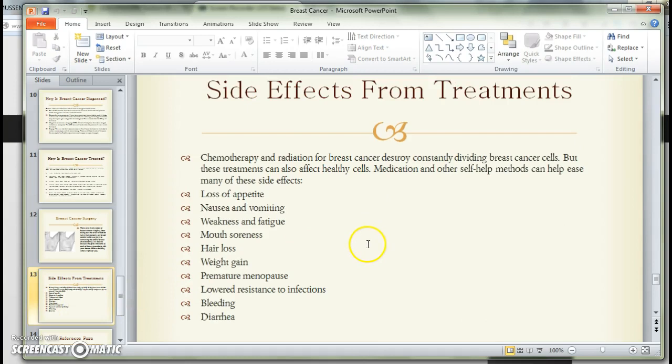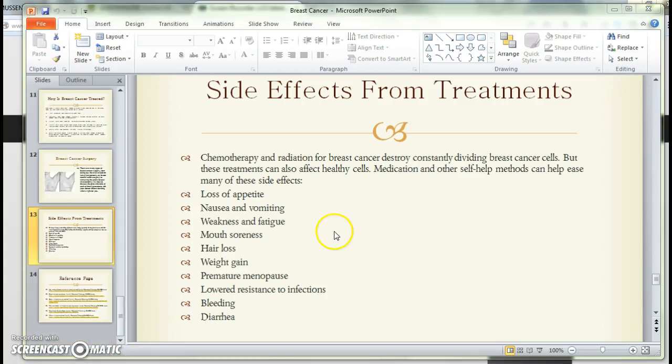Side effects of treatment can be loss of appetite, nausea and vomiting, weakness and fatigue, mouth soreness, hair loss, weight gain, premature menopause, lowered resistance to infection, bleeding, and diarrhea.